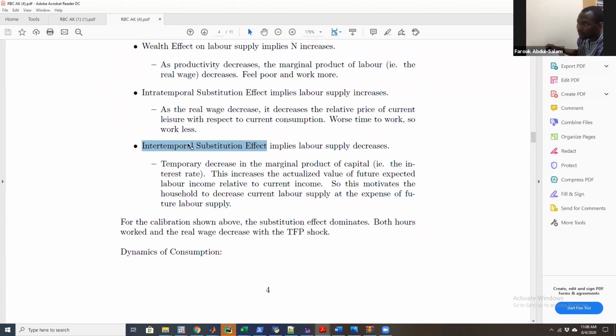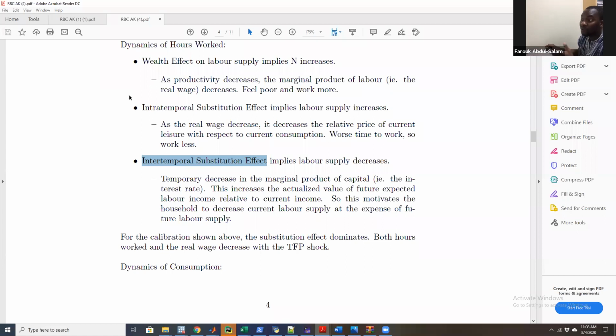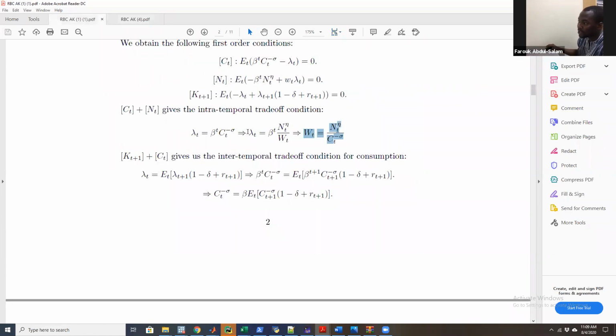So there are going to be three effects, and the summation of these three effects will determine the final outcome. Now, can we see these three effects playing out in these labor equations? Yes. Can we make a final decision as to whether the amount of hours of work is going to increase or decrease?